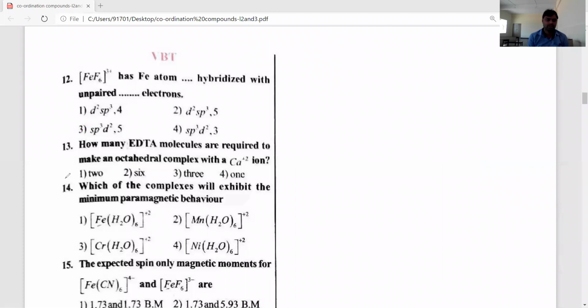Let's see the 14th question. Which of the following complexes will exhibit the minimum paramagnetic nature? Minimum paramagnetic means less number of unpaired electrons.